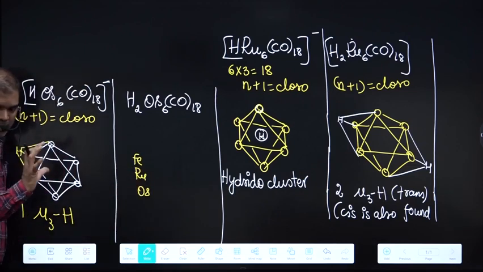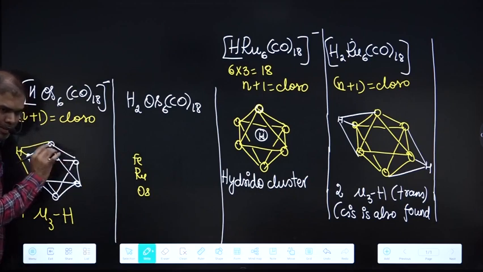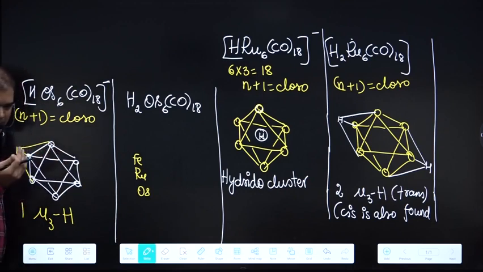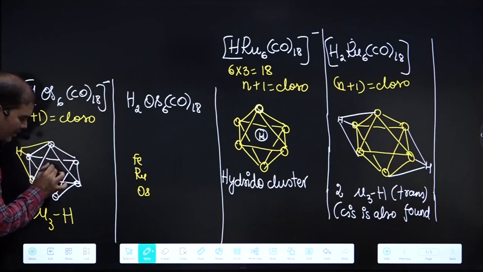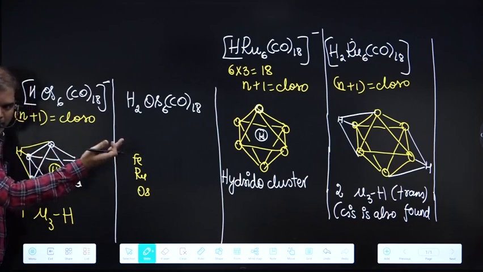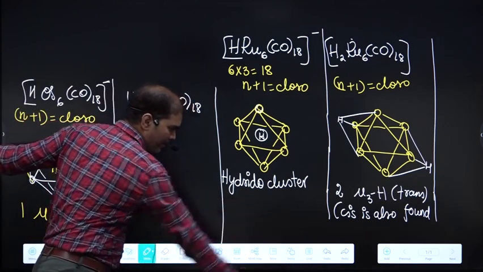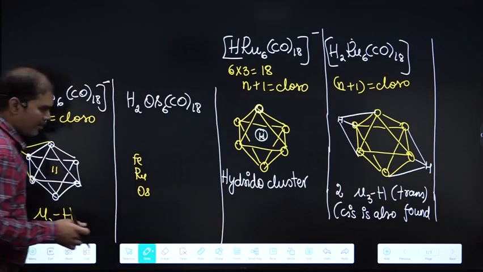So whatever octahedron is formed by osmium should be larger, so space inside should also be larger. It can easily take hydrogen. So what we generally think is hydrogen should be going inside because there is larger space compared with ruthenium. But it is not so. Hydrogen is not entering inside. Instead, it is found to be triply bridging.